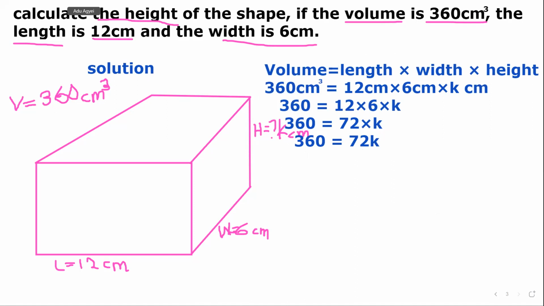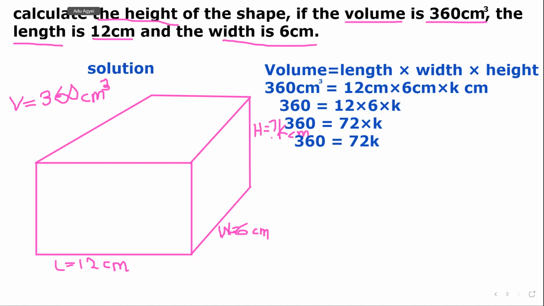Because we want to find the K, which is attached by 72, you must eradicate this 72 from that place by dividing both sides so that the 72 will cancel the 72 and the K will be free.